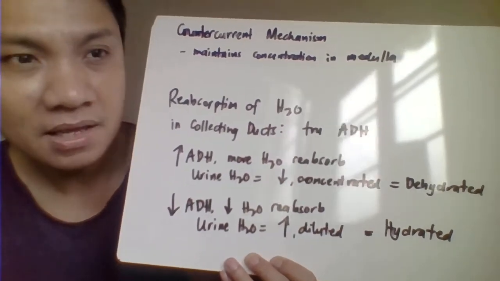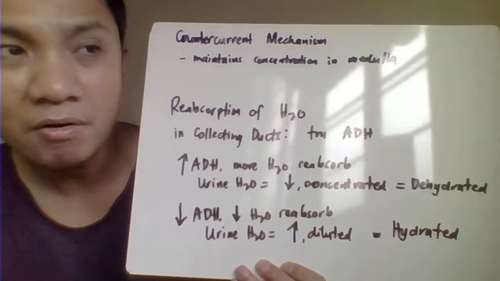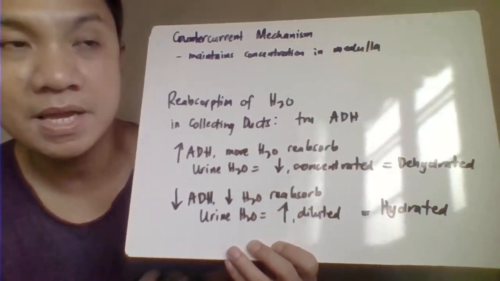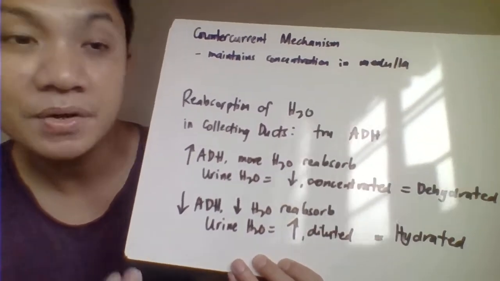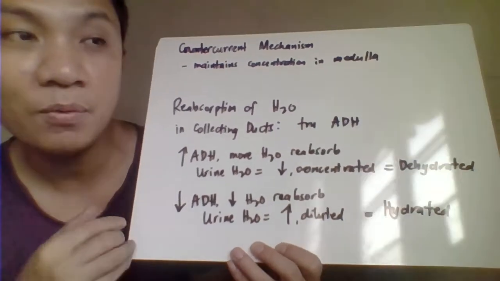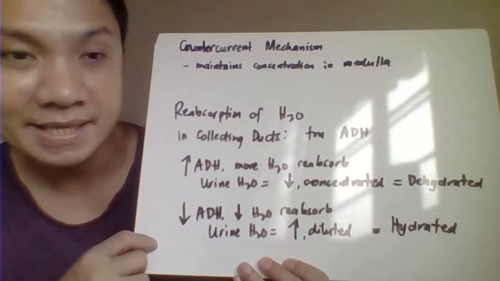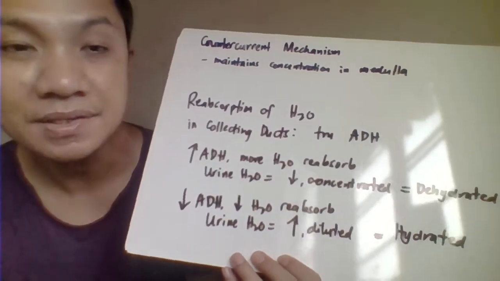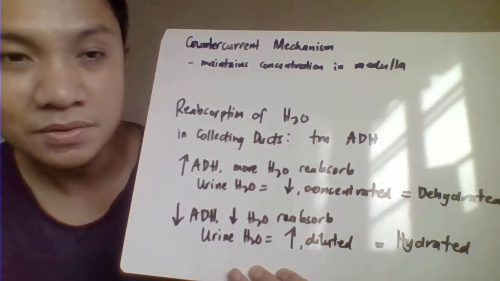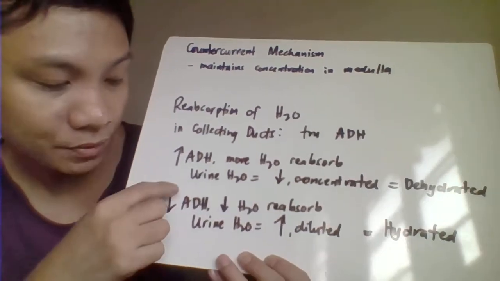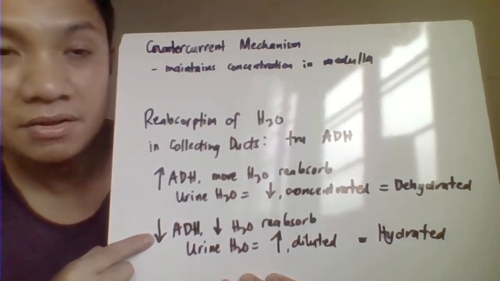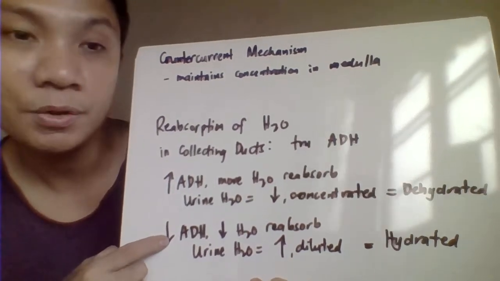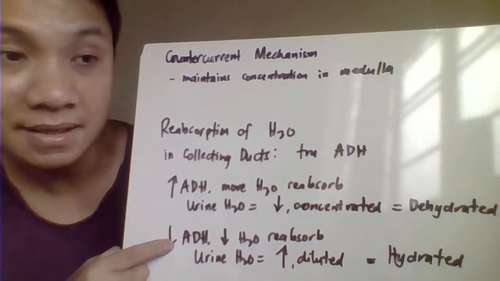Pag madami ka antidiuretic hormone because nauhaw ka, so dehydrated ka, expect here that less water will be excreted, expect less urine output, and the urine output is a concentrated one. On the other hand, pag hindi ka nauhaw, your thirst center, your hypothalamus will not be activated, so less antidiuretic hormone will be released as well, and therefore less water will be reabsorbed in the collecting ducts.